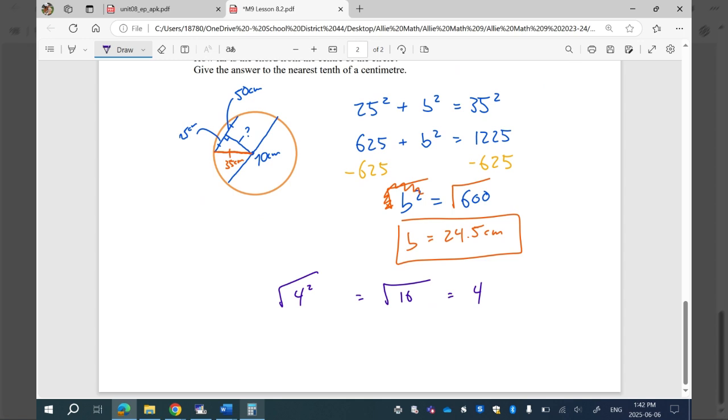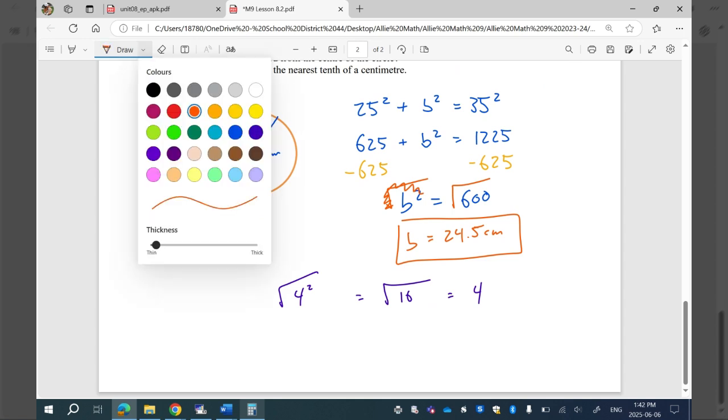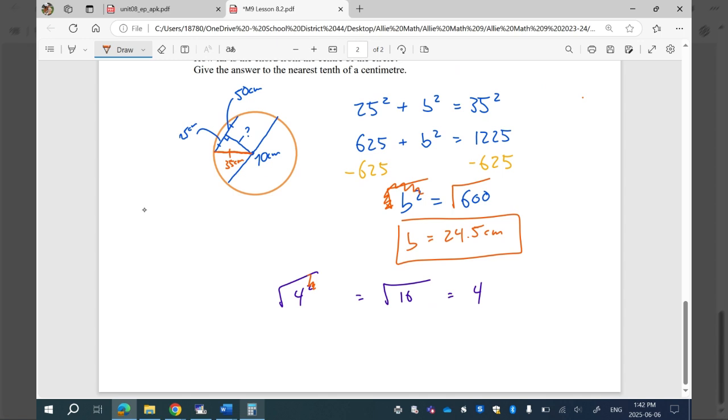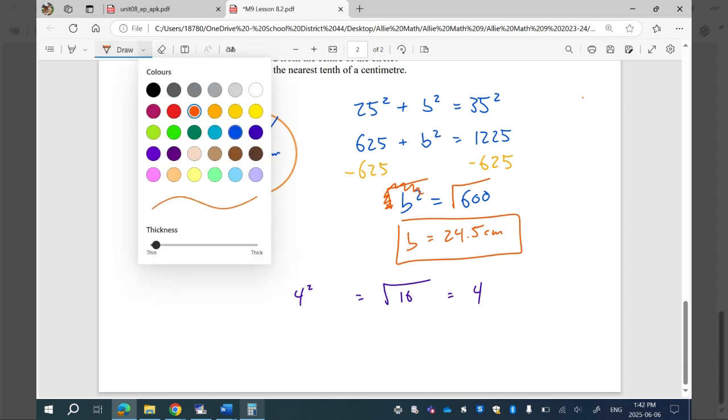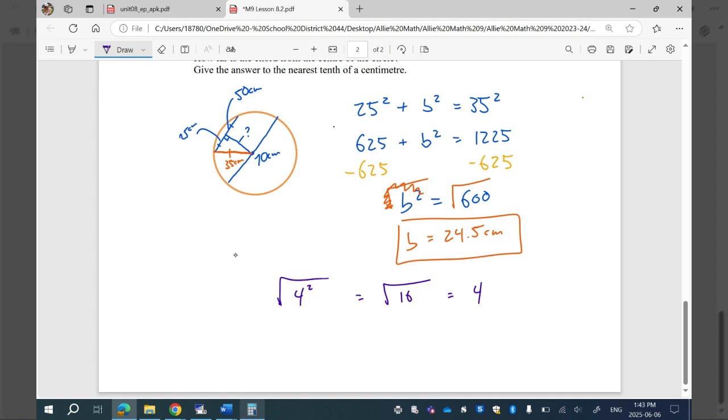You can see that these two operations cancel each other out. So that's why we do that step. We do the inverse operation to get rid of those things, as they always cancel each other out. Hopefully that explains it if you don't remember from grade 8: the square root of 4 squared is just 4.